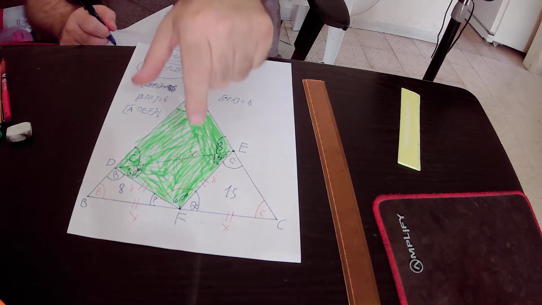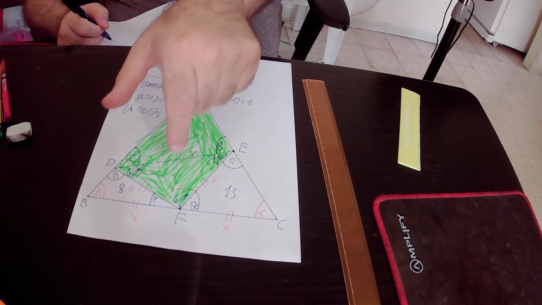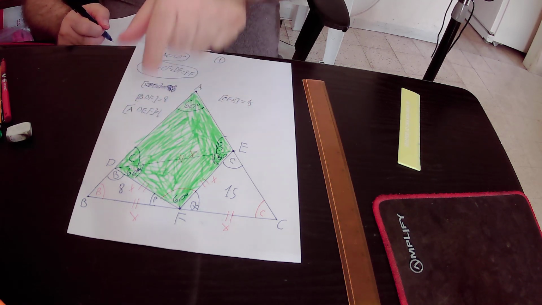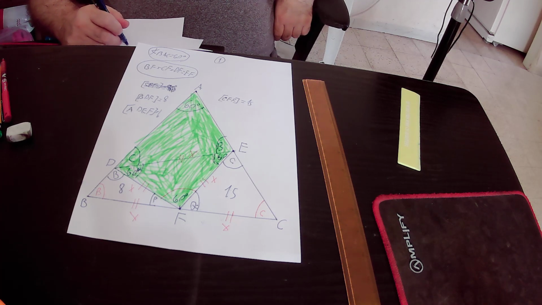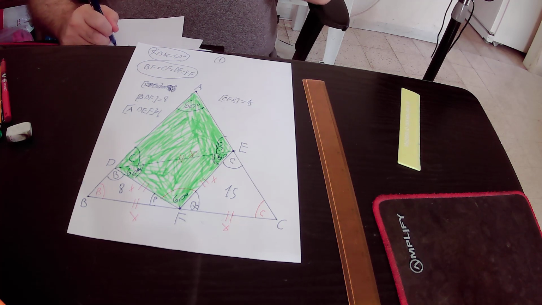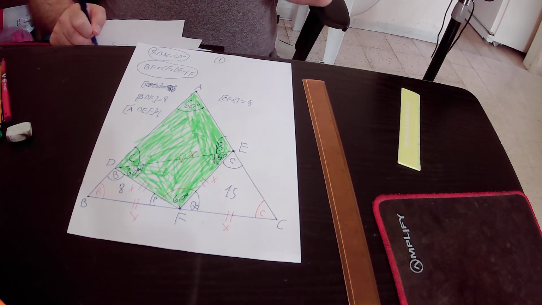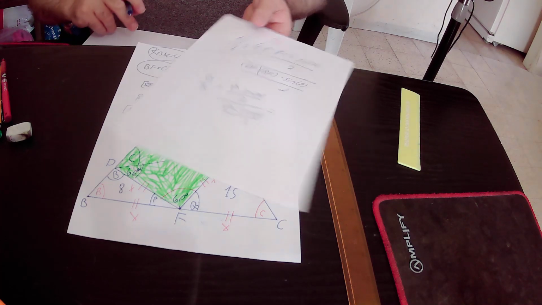What is the size of DF? DF equals x. And BF also equals x. So DF times BF is x squared times sine P over 2. So we got this equality.